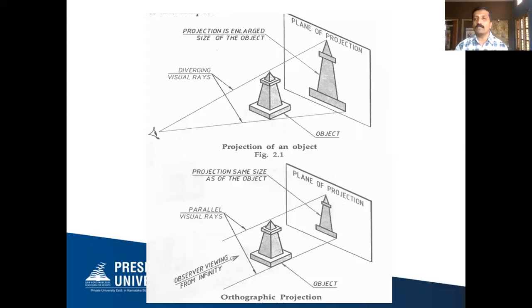Then whatever the shape of the object that you are projecting, the same shape as well as the same size you are going to get. So this is called the orthographic projection. That's why orthographic projection is also called the 90-degree projection. So this is the difference between the actual projection as well as the orthographic projection.